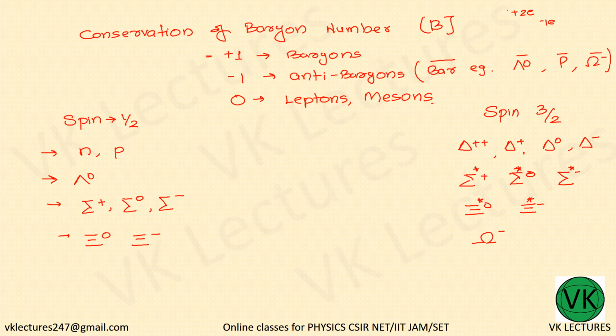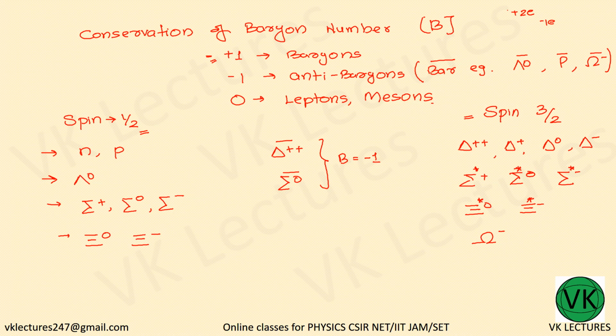So these are 10 particles and these are 8 particles, and these are the particles, that means spin half and spin 3 by 2 particles, which have baryon number equal to plus 1. All other anti-baryons, for example delta double plus bar, then sigma naught bar, all these particles have the baryon number equal to minus 1.